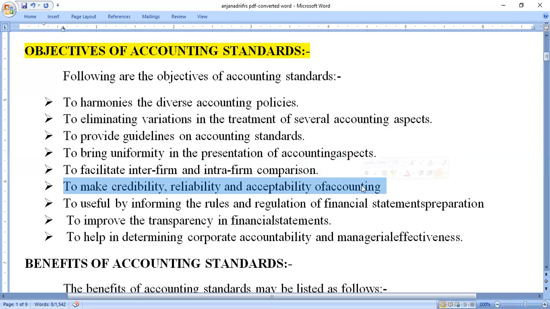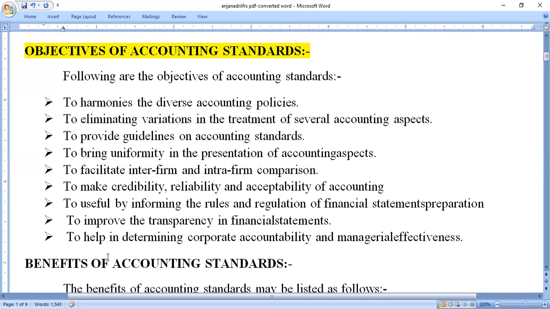The accounting standards give credible, reliable, relevant information. It is very easy to compare one statement with another statement, and the shareholders, stakeholders, creditors, debtors, each and every person, the external person also accepts the books of accounts because of the accounting standards. This is the objective of accounting standards.